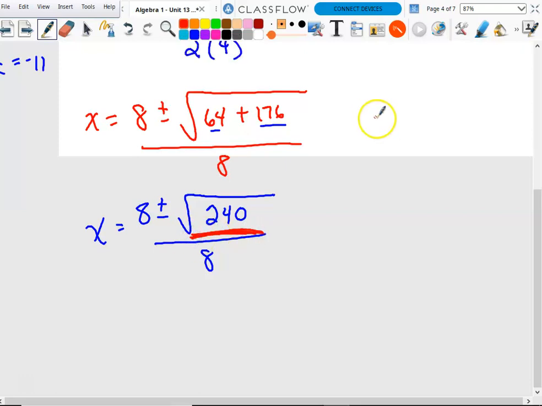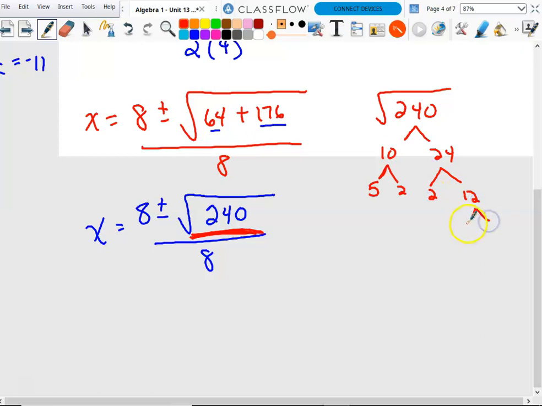So I go off to the side. Square root 240, 10 and 24, 5 and 2, 2 and 12, 4 and 3, 2 and 2. And now again, I'm looking at all my prime factors and looking for pairs.